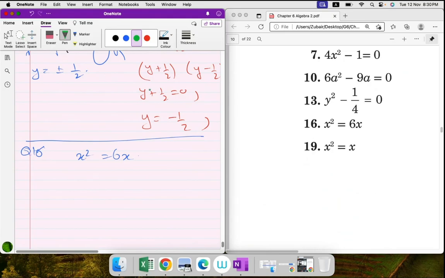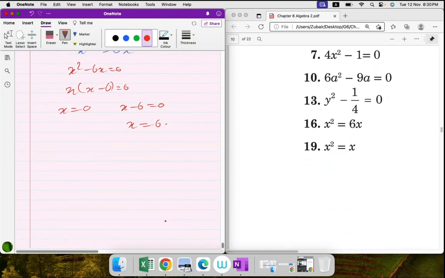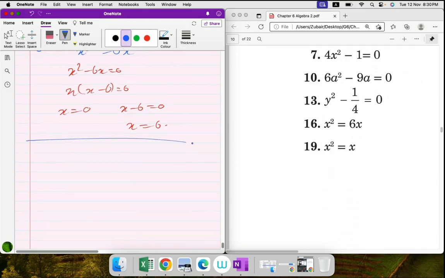Correct. x square minus 6x equals to 0. x common, x minus 6 equal to 0. First factor equal to 0, second factor equal to 0. So x is equal to 0 and 6. Haris, try 19th.